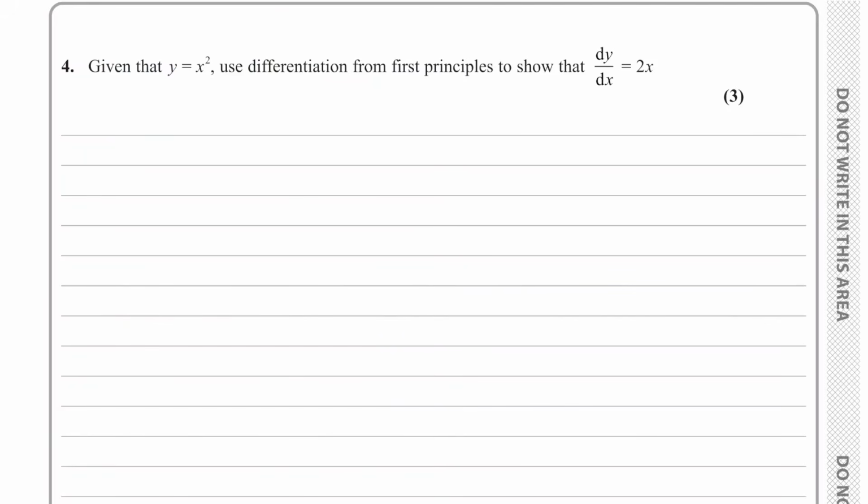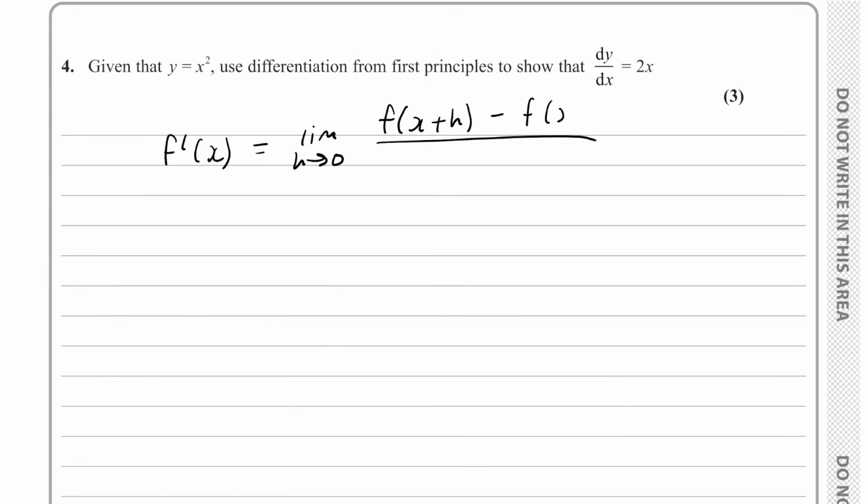So we can write f dash x is the limit as h approaches 0 of f of x plus h minus f of x over h. And f of x is going to be x squared, and f of x plus h is going to be x plus h squared. So we just need to substitute these in and then do some simplifying.